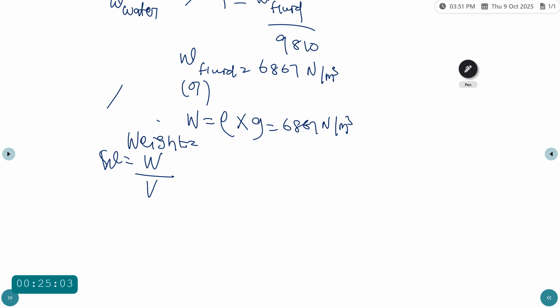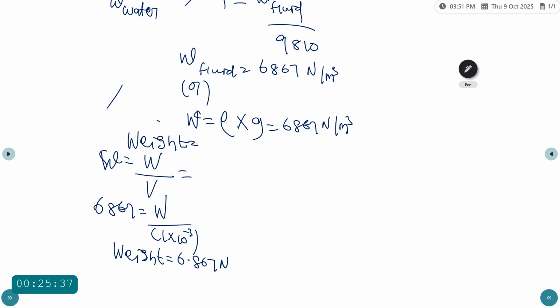Specific weight was just determined as 6867. Substituting, 6867 equals W divided by 1 into 10 to the minus 3. Cross multiplying, we determine the weight of the petrol. The answer is 6.867 Newton.